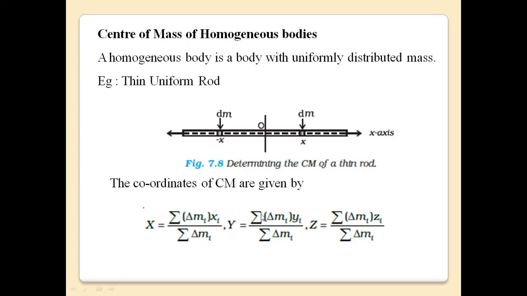Y is equal to sigma delta mi yi by sigma delta mi, and Z is equal to sigma delta mi zi by sigma delta mi. Now the denominator is the summation of all the masses that contribute to the thin uniform rod, and therefore it gives the total mass of the system.